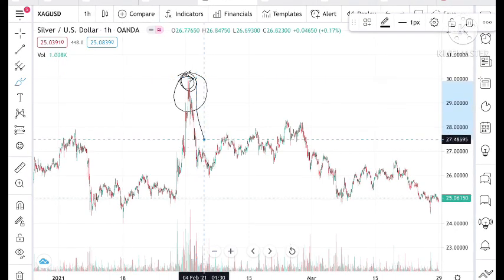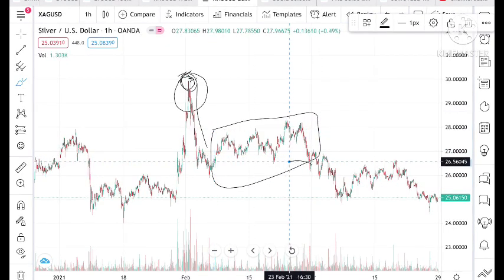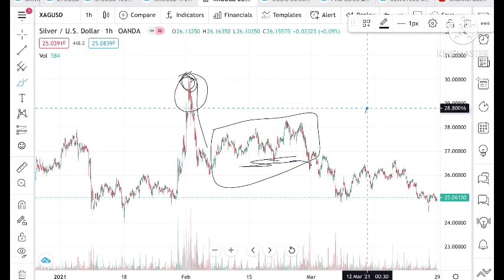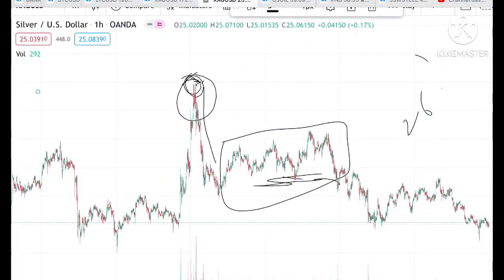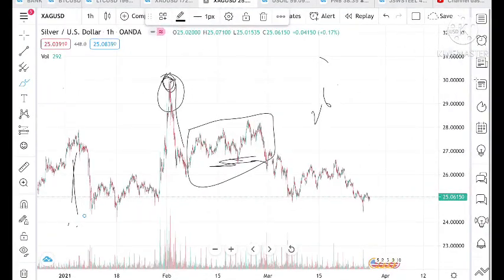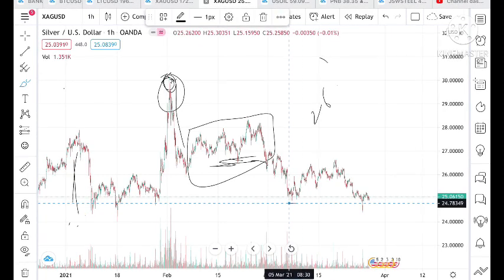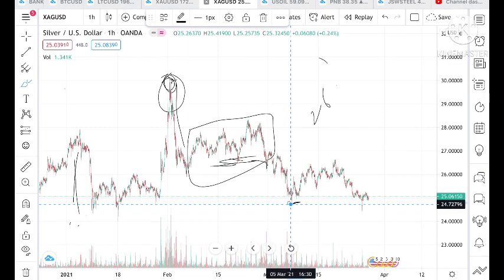After breaking the range at this resistance point, note down this resistance 26.57, and then it came down and made a low of around 24. From there it was in this particular range, and then again made a low of 24.37.